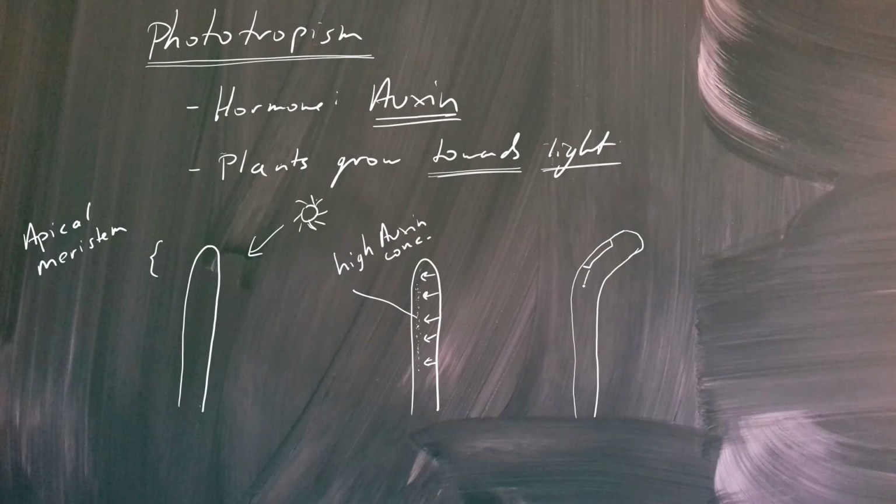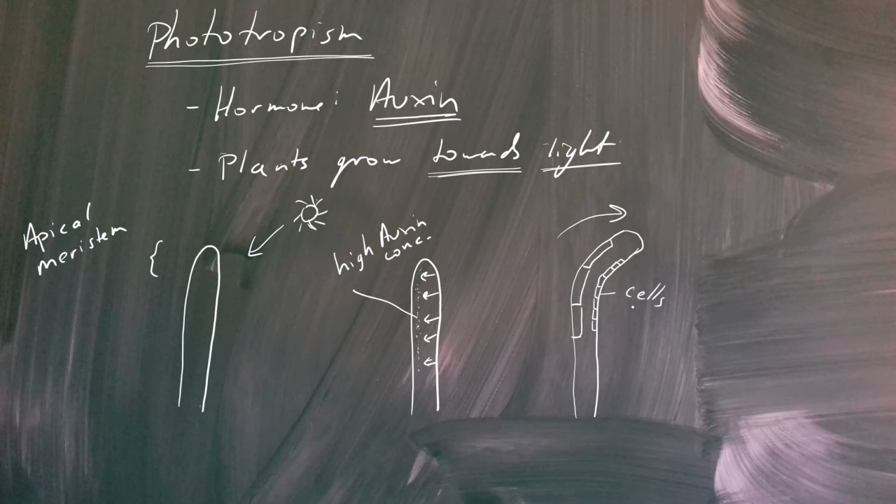I'm going to exaggerate this now. So you see that the cells here are longer, and here the cells are shorter on the light side. And this causes the plant to bend over like this. So these are supposed to be the cells.